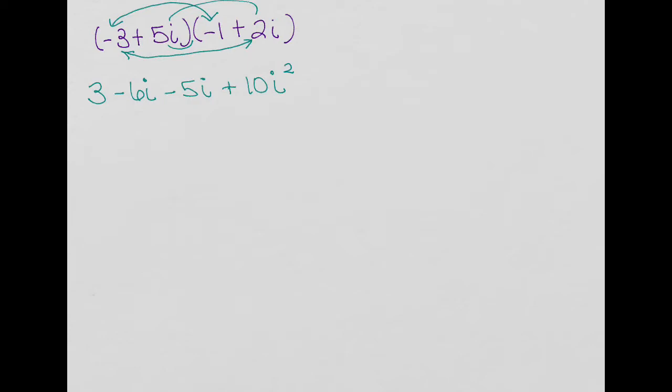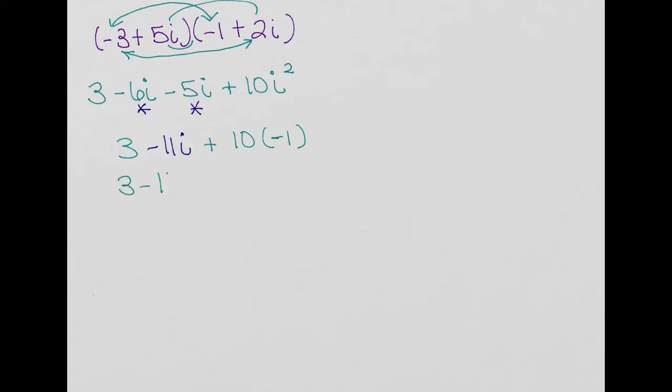And then we're just going to simplify. Here I have this negative 6i, negative 5i. So that's going to be negative 11i. And I've got 3 plus 10i squared. Again, I have i squared, so that's going to be negative 1.